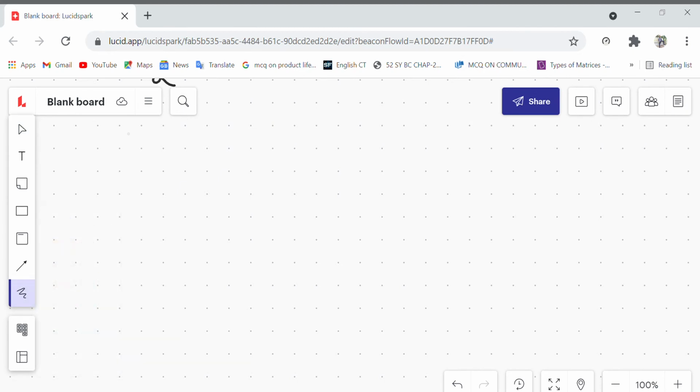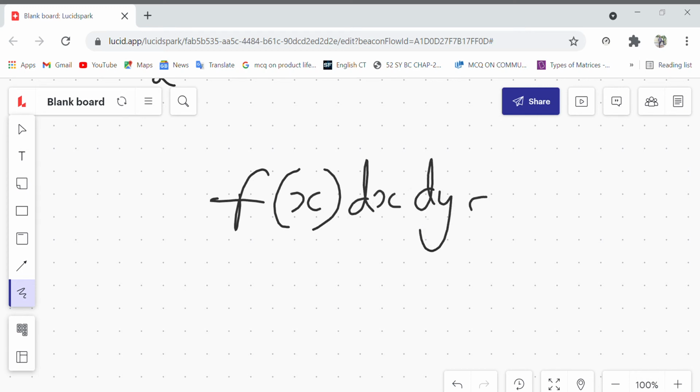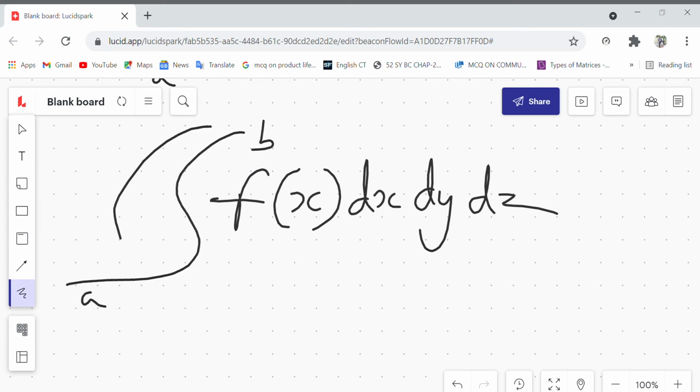For triple integration, f of x dx dy dz. Integration a to b, then again integration c to d, then again integration e to f. These are to be filled.